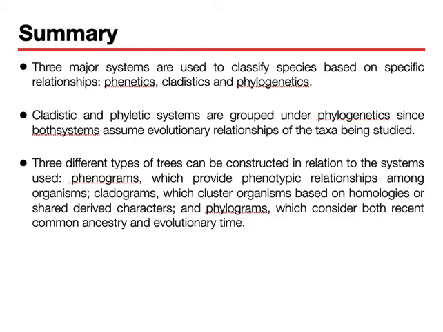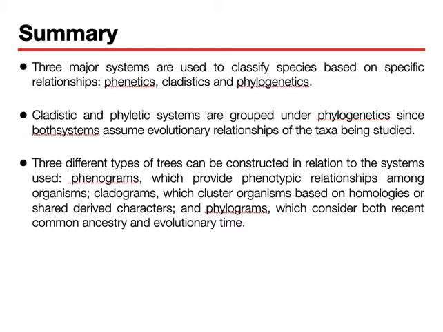So as a summary, we have three major systems used to classify species. We were able to talk about phenetic, cladistic, and phylogenetic types of classification. So cladistic and phyletic systems are grouped under phylogenetics since parehong systems assume evolutionary relationships of the taxa being studied.